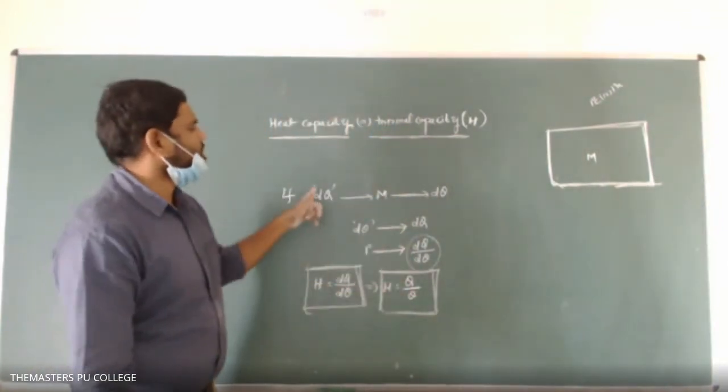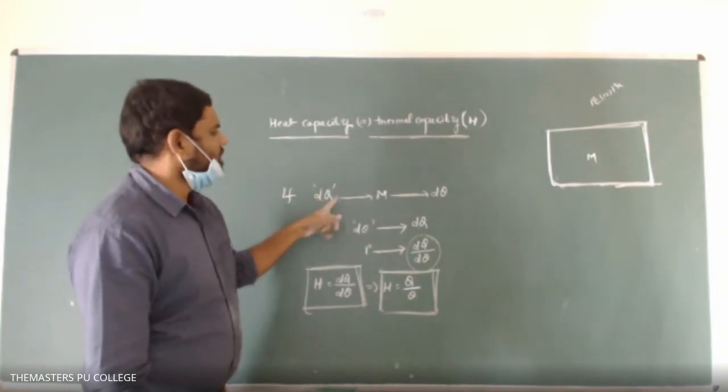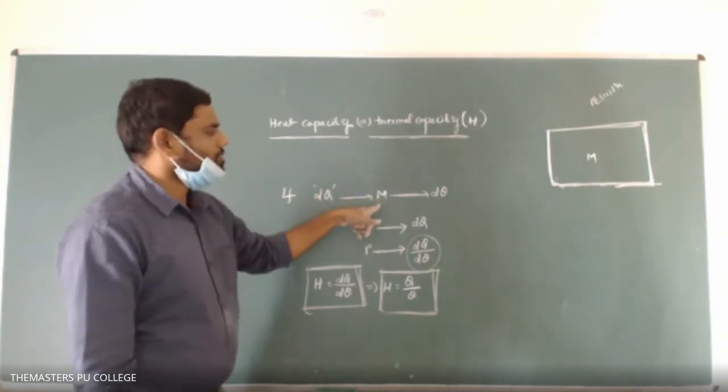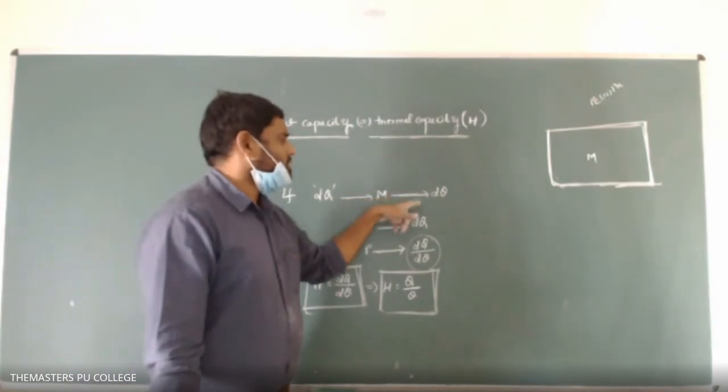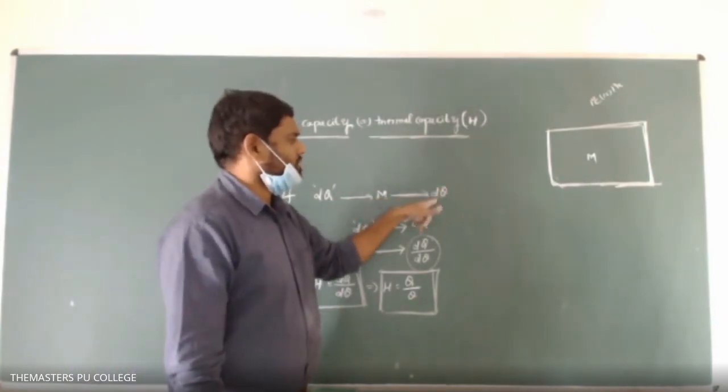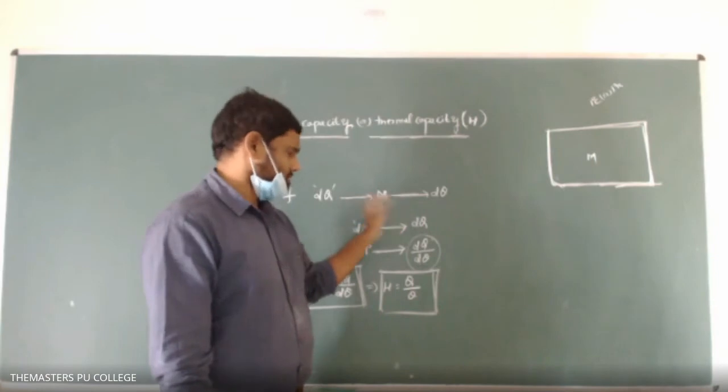Look here, dq amount of heat is supplied to a substance of mass capital M, so that we notice a d theta rise in the temperature of that substance.